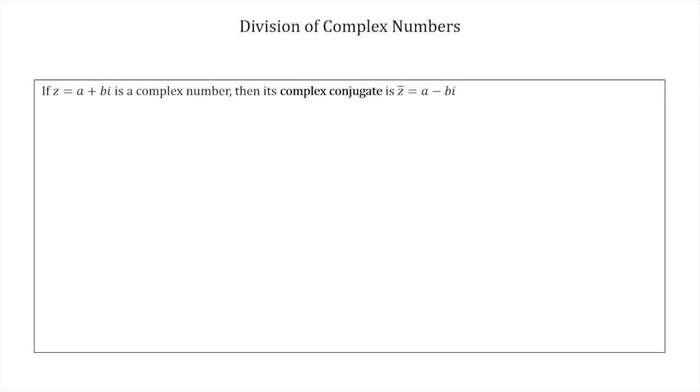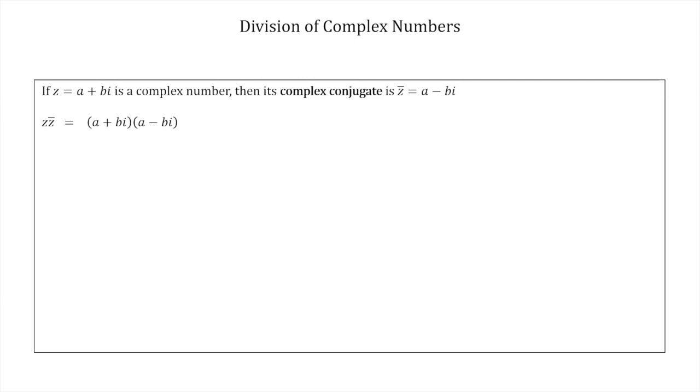So z with a bar over the top. Why are we defining this? Why is this important? Well, let's just have a look at what happens when we times z by z bar. So we times a complex number by its complex conjugate. Well, we get a plus bi, that's z, times a minus bi, which is z bar.